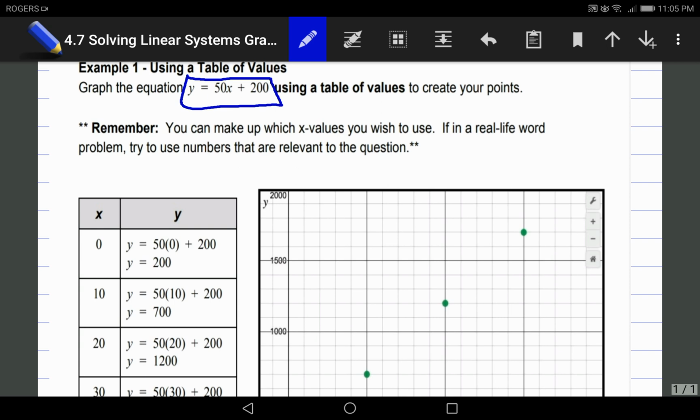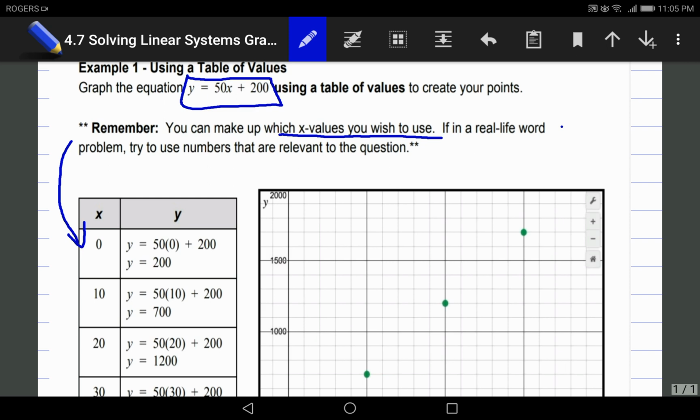Remember that when you set up a table of values, you make up the x values that you'd like to use. In an actual real life application, you want to try to use x numbers that are relevant to the question.